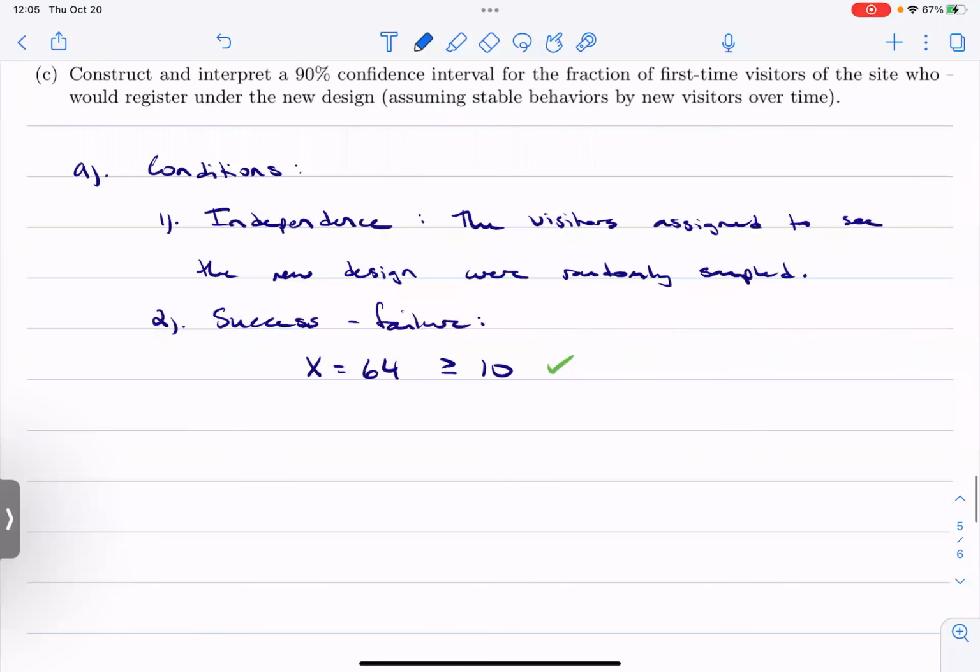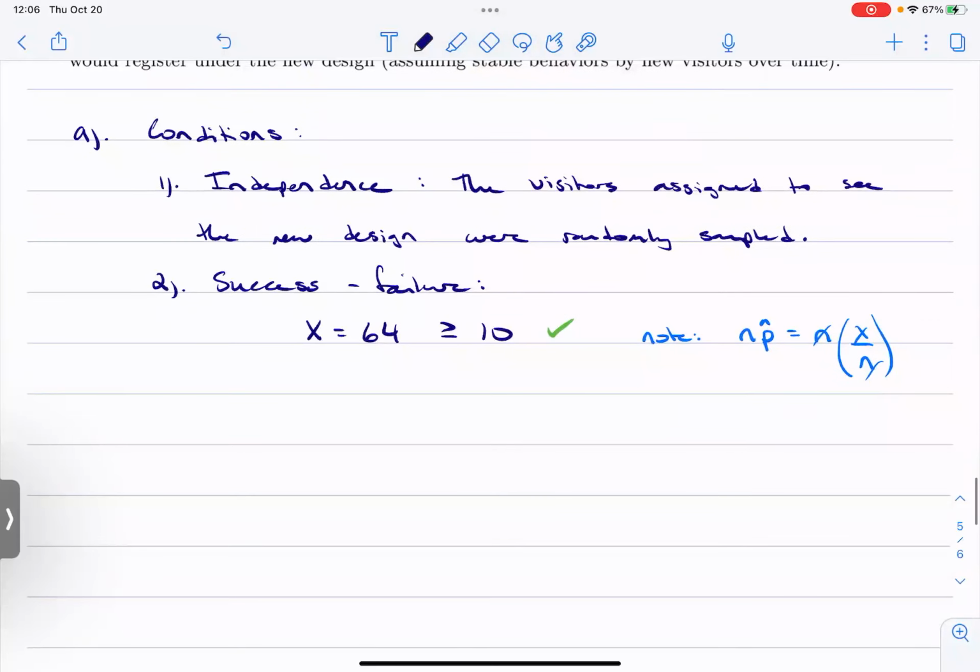Let's just make a note here that n times p hat is the same as n times x over n. So n over n cancels. So you can just use the number of successes, if you have them, which we do in this case.